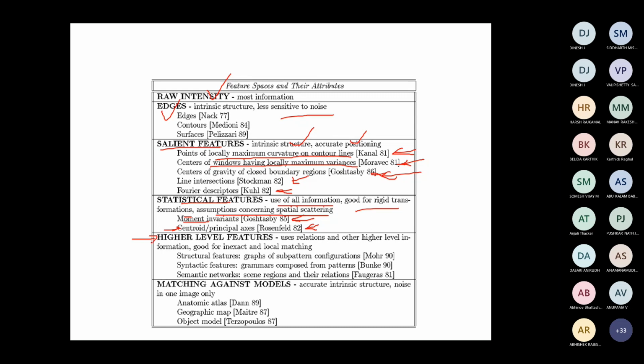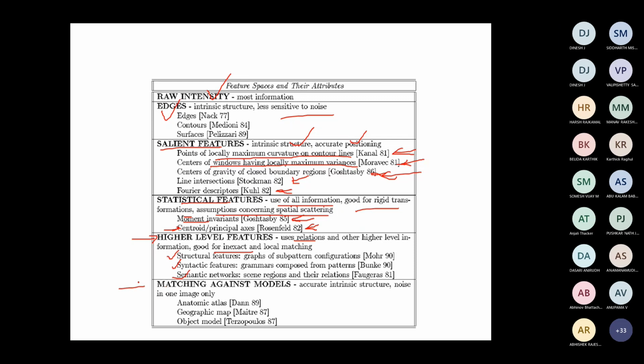Then higher level features use relations and other higher level information, and are good for exact and local matching. You can have structural features, syntactic features, and semantic networks. These are the works done in 1981 on structural, syntactic, and semantic features.